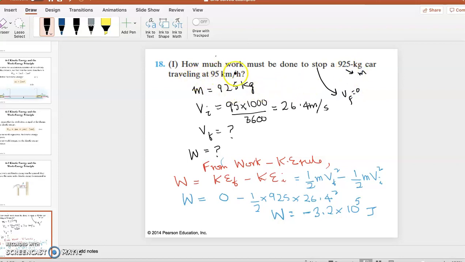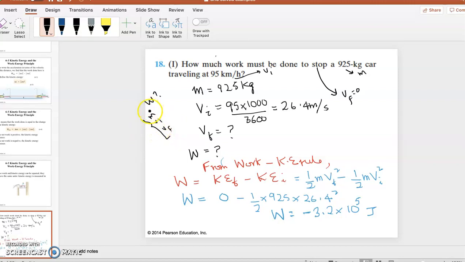And the car is already moving, which is the initial. So he's asking for work. He's not giving me force, distance, angle, nothing. He's giving me simply m, V initial, and V final, which is a very clear indication of kinetic energy, half mv squared. So it is the change in the kinetic energy.